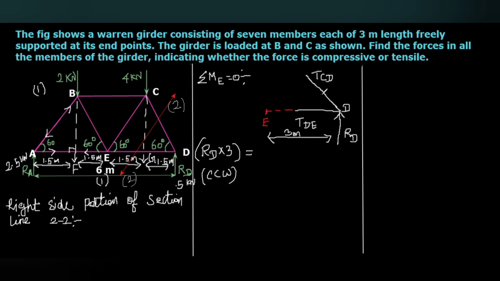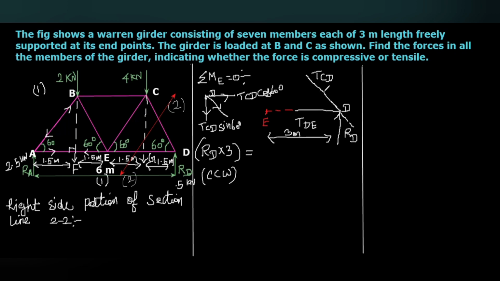Here for the TCD, there are two possibilities. If it is acting in the fourth quadrant, then TCD sine 60 will act downward, and TCD cos 60 will act towards the left side.